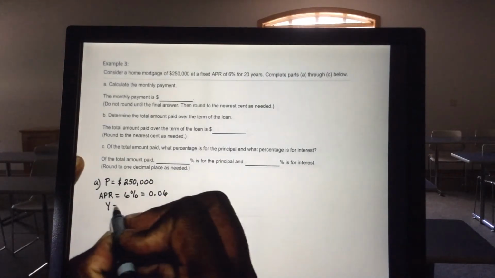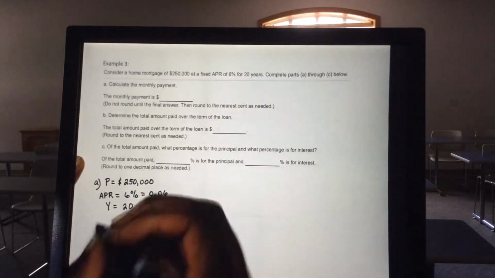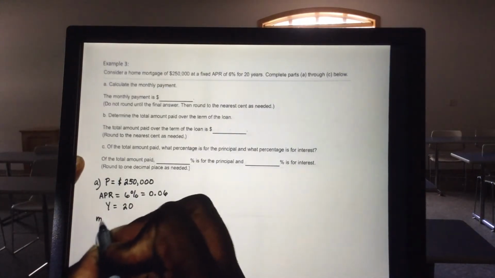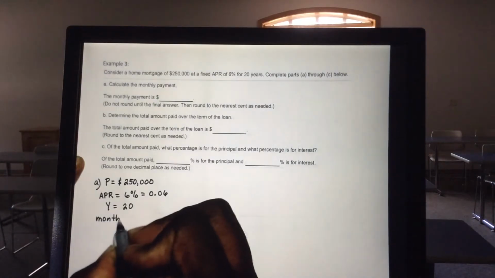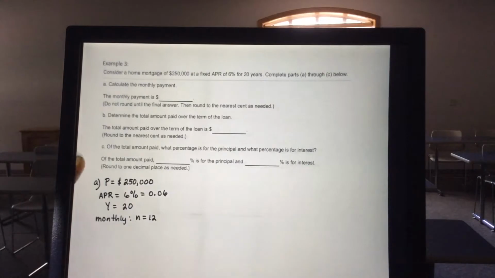The Y is the number of years. That was 20. And we're doing this monthly. Here we're calculating the monthly payment. That means in a year, you're making 12 monthly payments. So N is equal to 12.